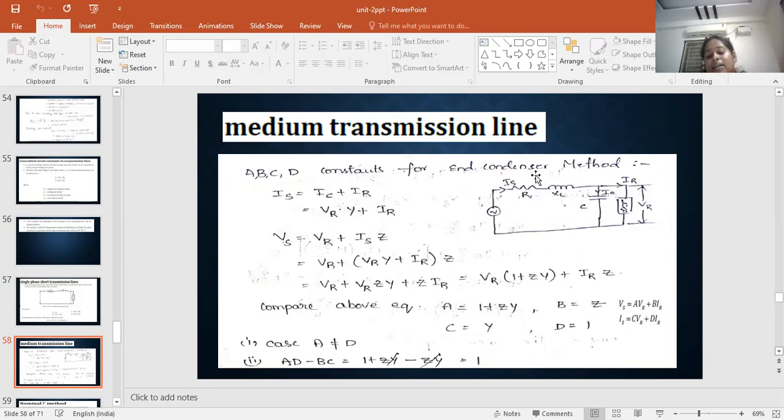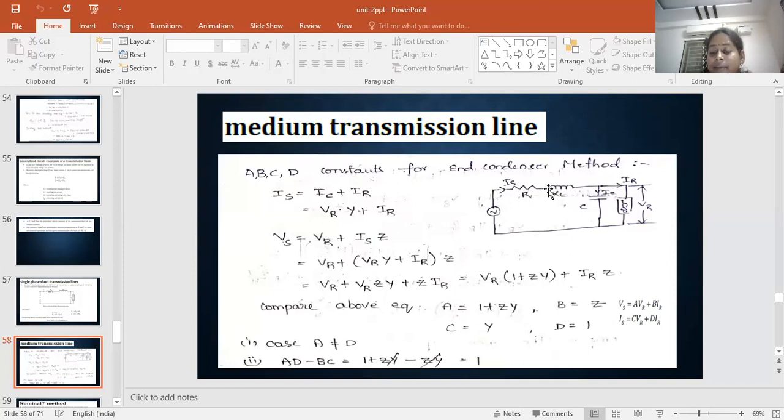In the end condenser method, the circuit has resistance, inductance, and capacitance. This is the sending end voltage Vs, and the current flowing is the sending end current Is.